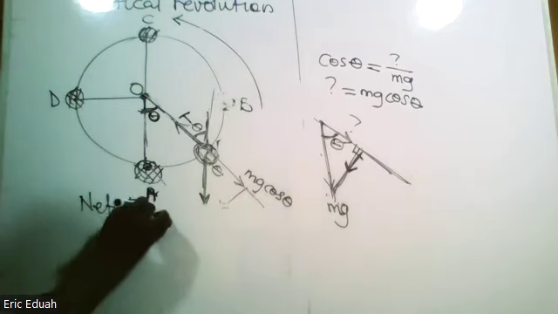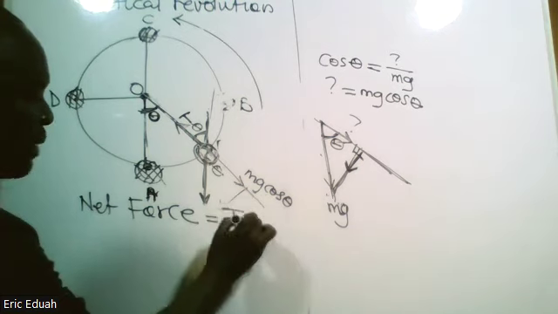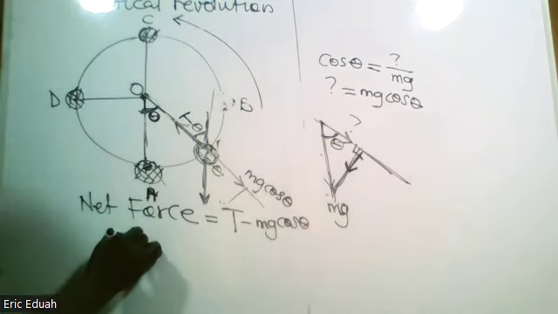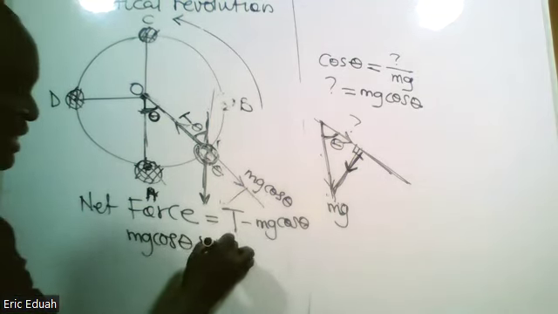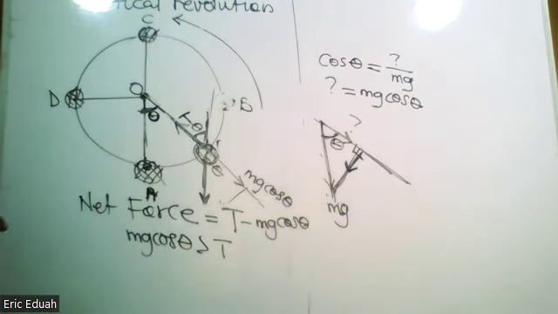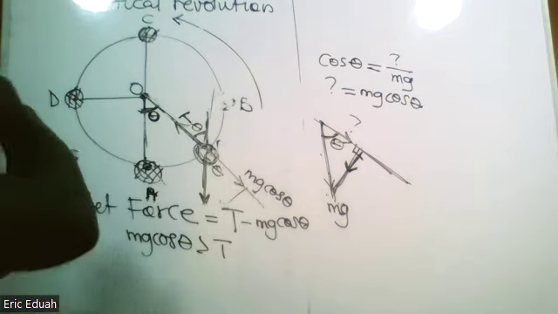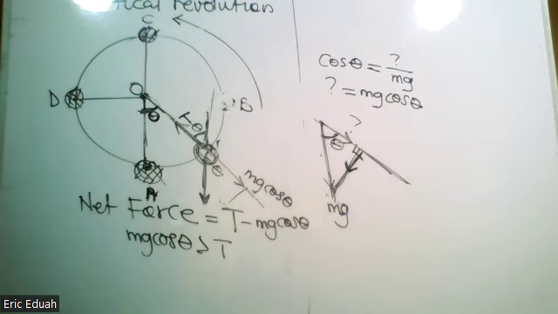The net force must be equal to T minus mg cos theta, and not mg cos theta greater than T, because if this is greater than T, the string would tear apart and the object will fail to stay within the circular path. Moreover, the net force is what provides the centripetal force.